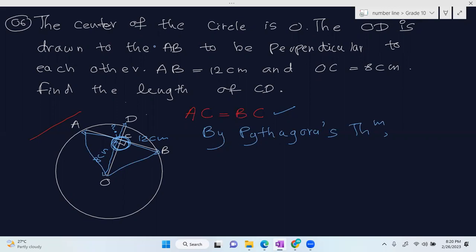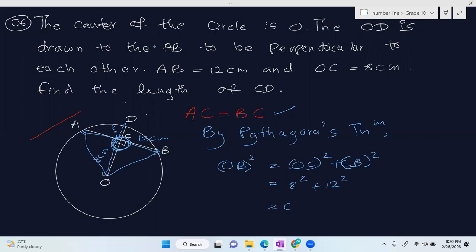Then it is OB squared is equal to OC squared added CB squared. OC squared is 8 squared, 8 squared is 64.